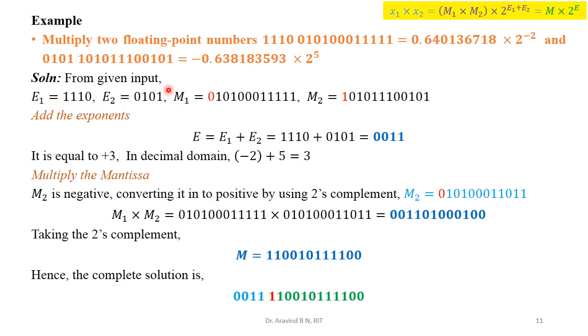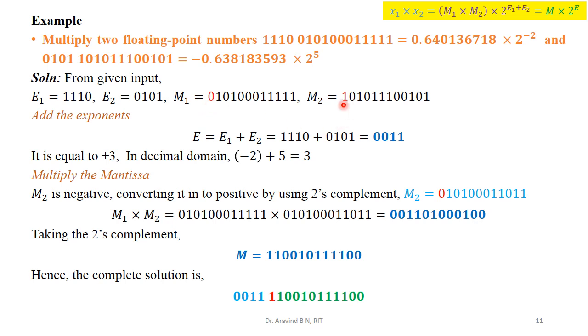After applying 2's complement, we are going to have this representation. E2 is 5, a positive number represented as it is. Then the corresponding mantissas m1 and m2 are represented. So we can identify the sign bit. This is positive, and this is negative.